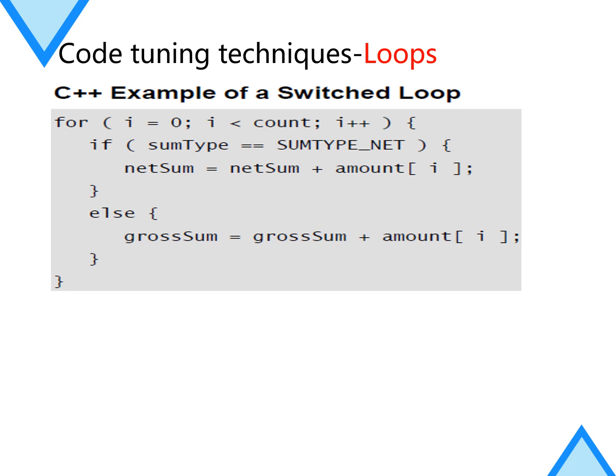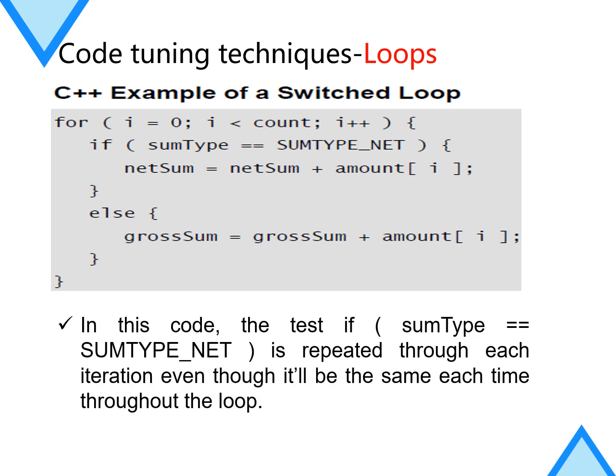This is a very simple example, but the condition sumType equals sumType_net needs to be checked only once, and we have put it inside the loop. So now, using this practice, we will unswitch the loop, meaning we will put the condition outside the loop.